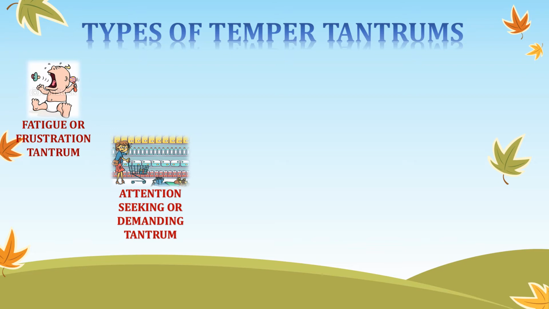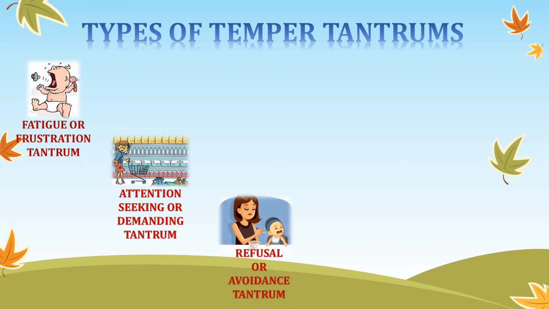Number 3. Refusal or avoidance tantrum. In this kind of tantrum, no is the answer to everything you suggest, whether it's a bath, a trip to a store, or bedtime. Number 4. Disruptive tantrum.